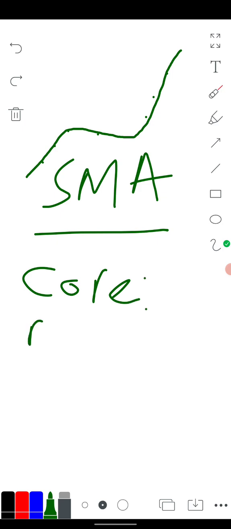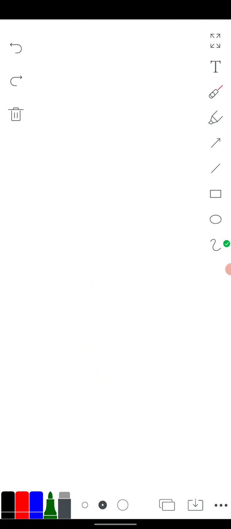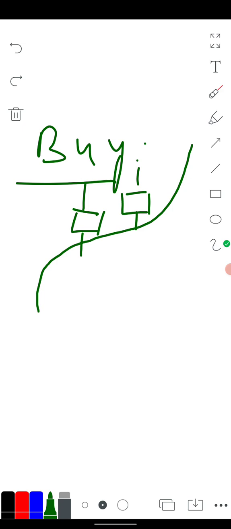Okay, this is SMA, and the core logic is for buy and sell. How are we going to use this SMA on our chart? For the buy condition, consider a candlestick here and another candlestick here.